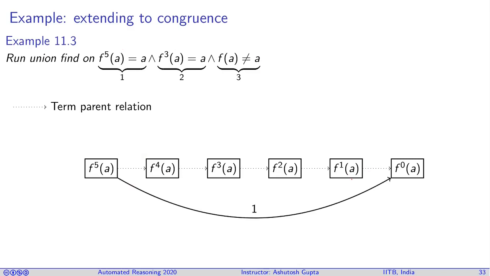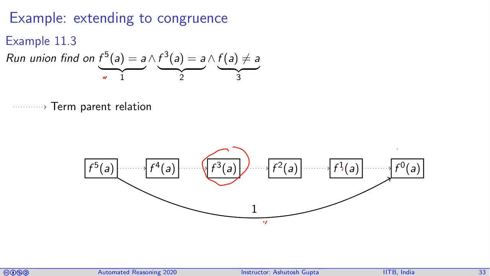First, we draw the edges as we have been doing for union find. The first edge comes from f5a equals a, so you draw this edge. Now f3a equals a. So f3 is joining this group, but this one has only one member in its equivalence class, and this one has 2 members in its equivalence class.